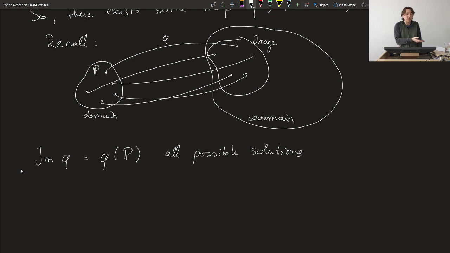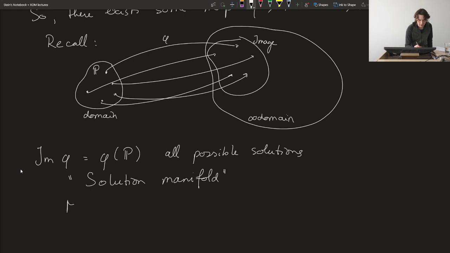And as there might be infinitely many parameter points in our parameter domain, there would also be infinitely many solutions. So the name that we have for this set, the set of all possible solutions, is the solution manifold.